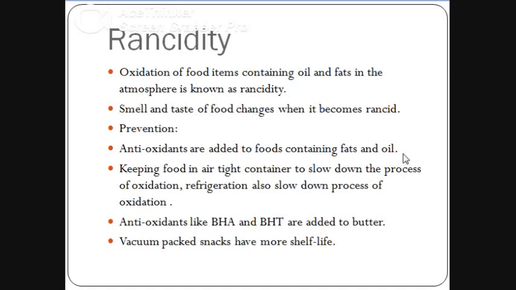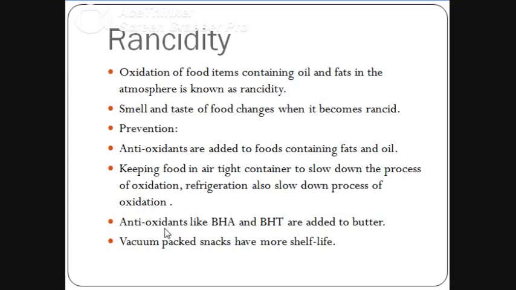Inert gas nitrogen is generally filled in bags of chips to prevent the contact of food items like chips containing fats and oil with oxygen in the atmosphere, to keep them fresh or to prevent them from getting oxidized. We can also keep food in an airtight container to slow down the process of oxidation. Refrigeration also slows down the process of oxidation.